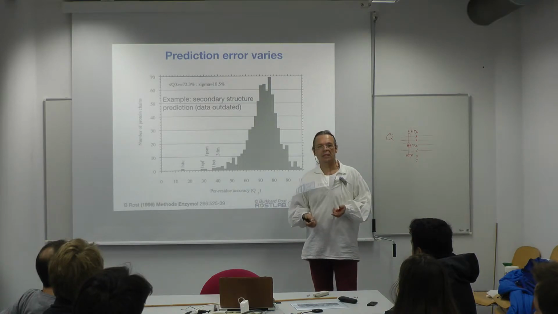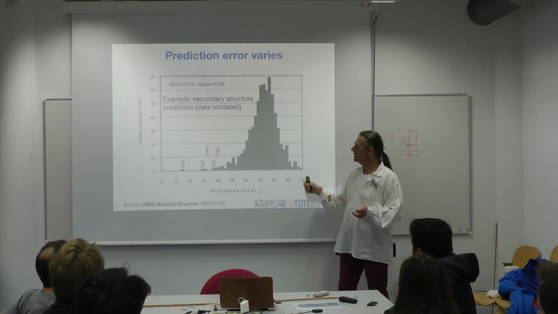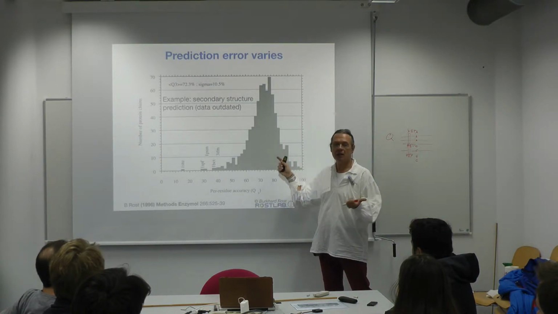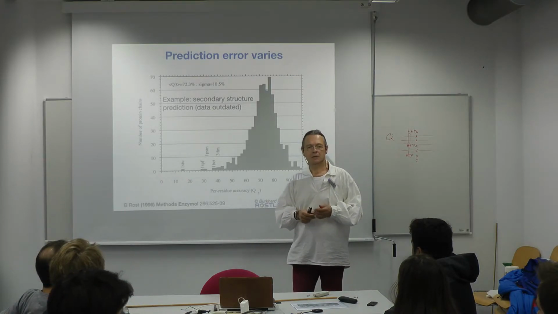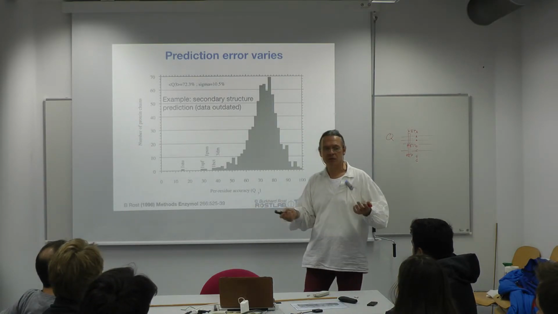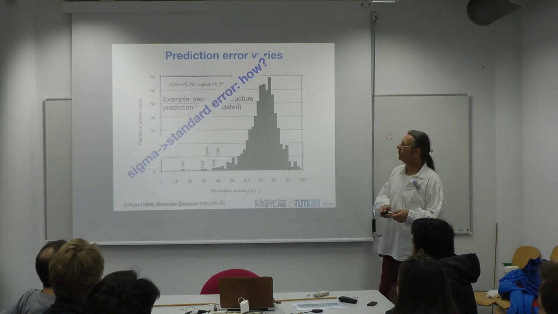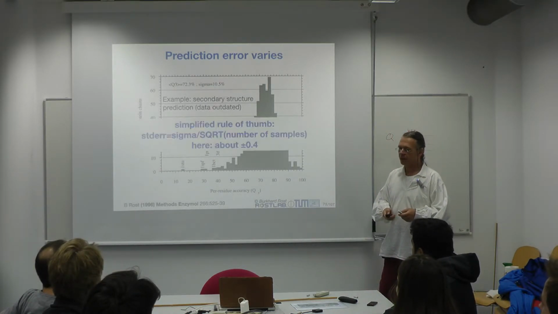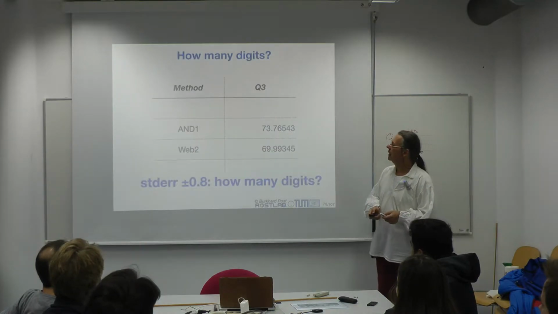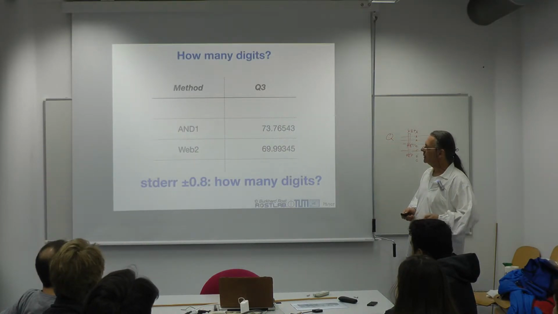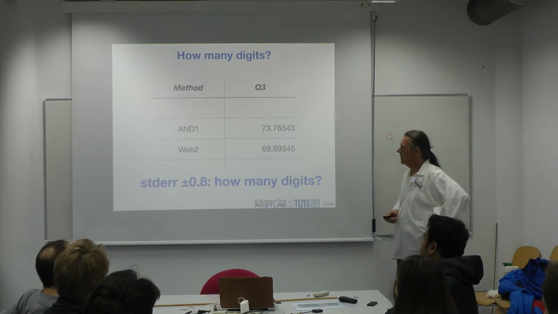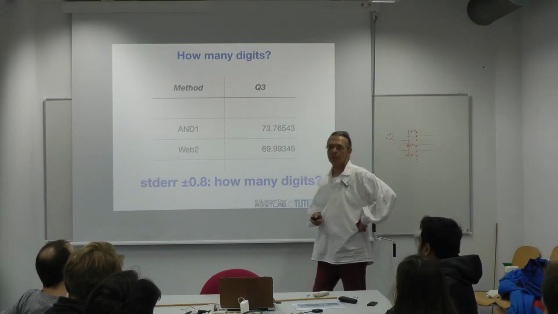And to get the standard error, you divide the standard deviation by the square root of the number of data points that you have, and that gives you a rough estimate of the standard error. In this particular case, say the standard error is plus minus 0.8.